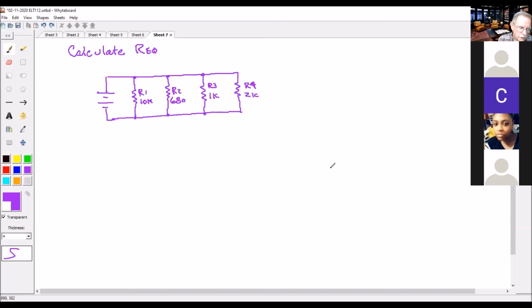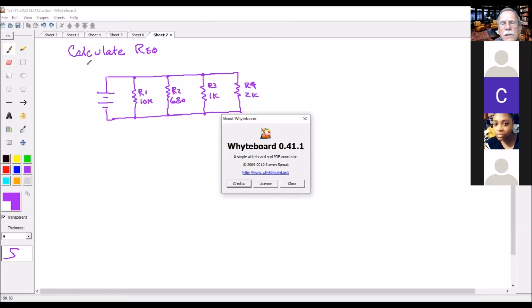I'm using version 0.41.1. Yeah, I'm using that one.